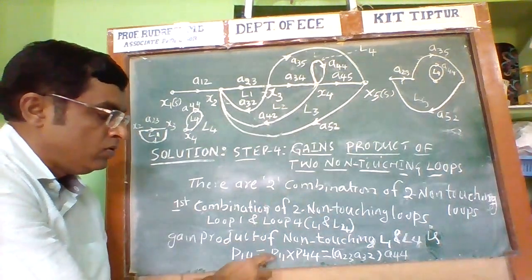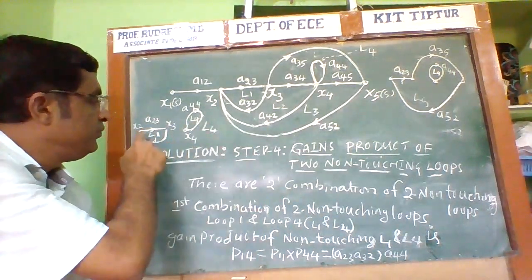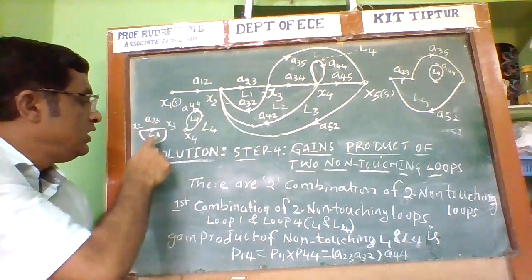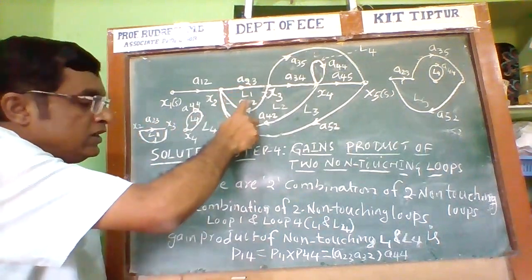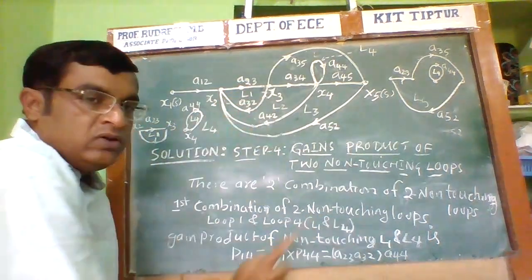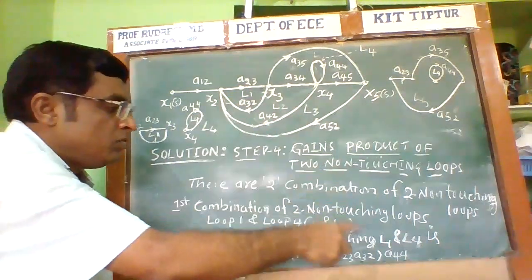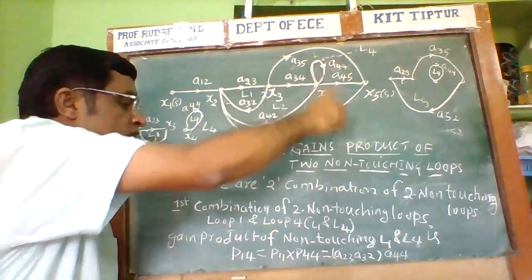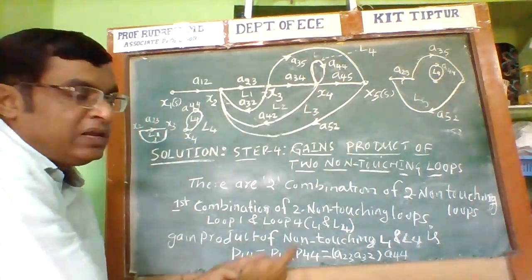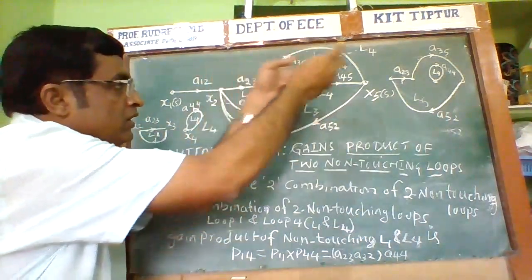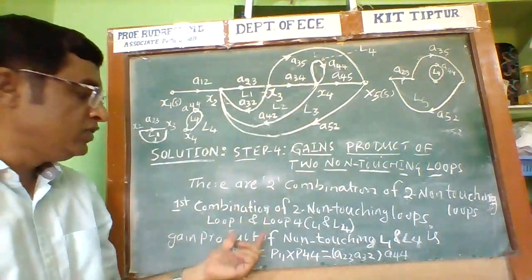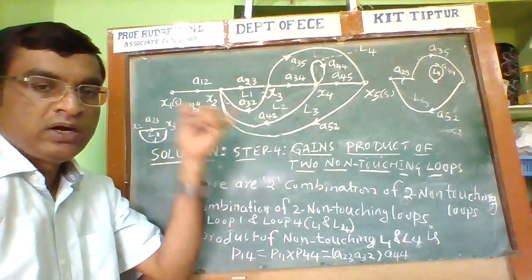Therefore, this is equal to the loop gain of L1, A23 into A32, and similarly the gain of this A44. We need to multiply this loop gain and this loop gain. That gives the gains product of the non-touching loops.